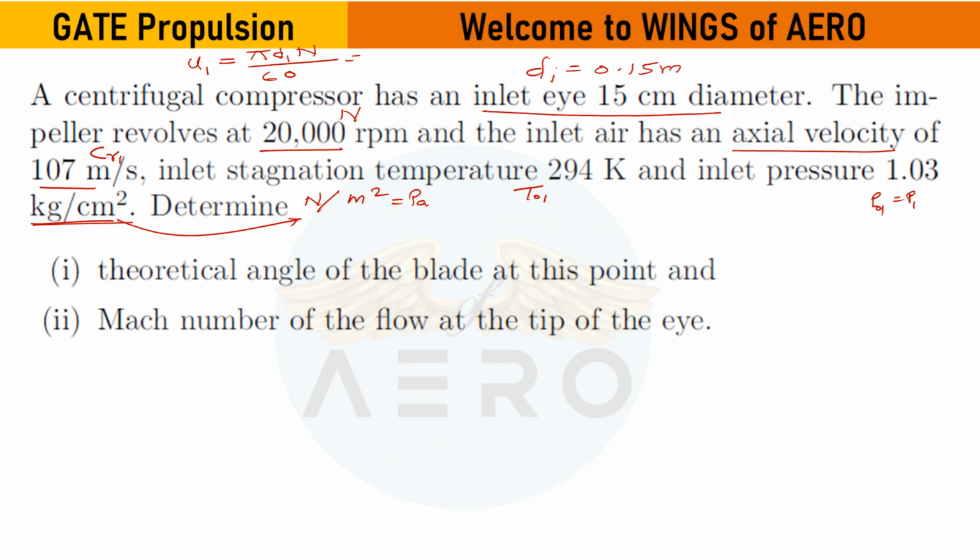Now what they have asked: theoretical angle of the blade at this point. So what will be the beta 2, sorry, inlet, right? So it is beta 1. What should be the inlet angle?